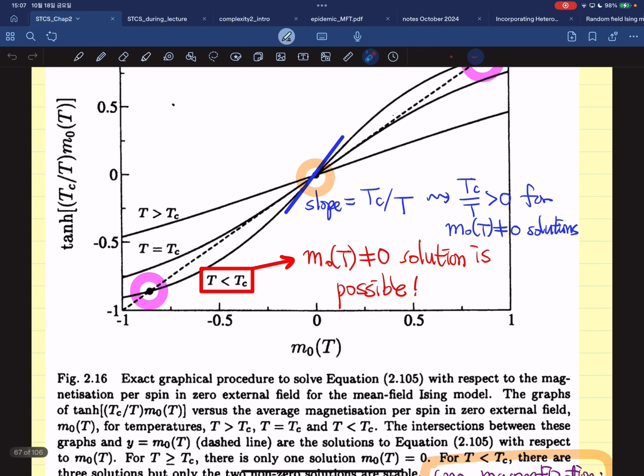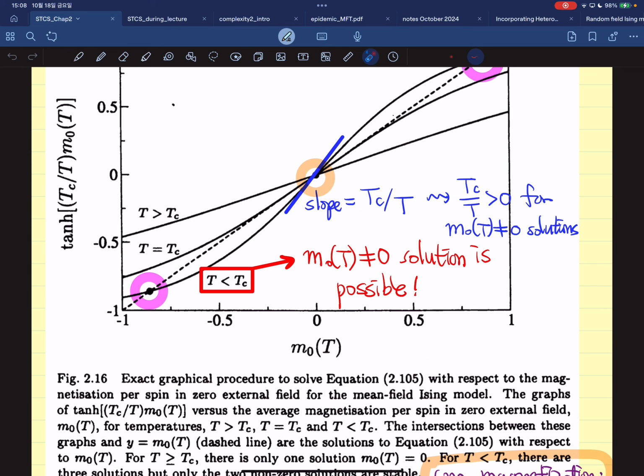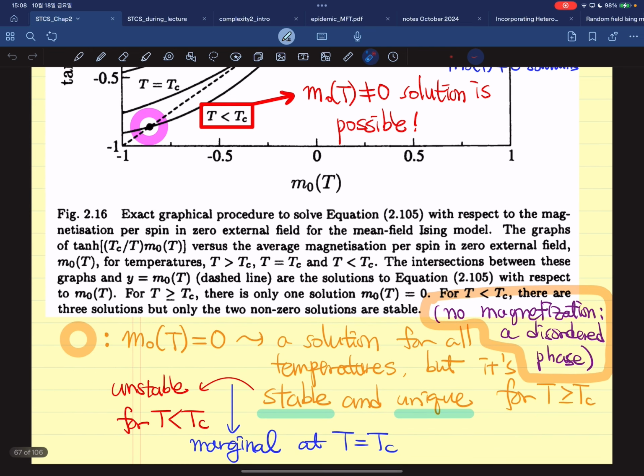This is the first mathematical argument that this system, the Ising model, can have a spontaneous magnetization at non-zero temperature with this non-trivial value of critical temperature. It's quite an important point.